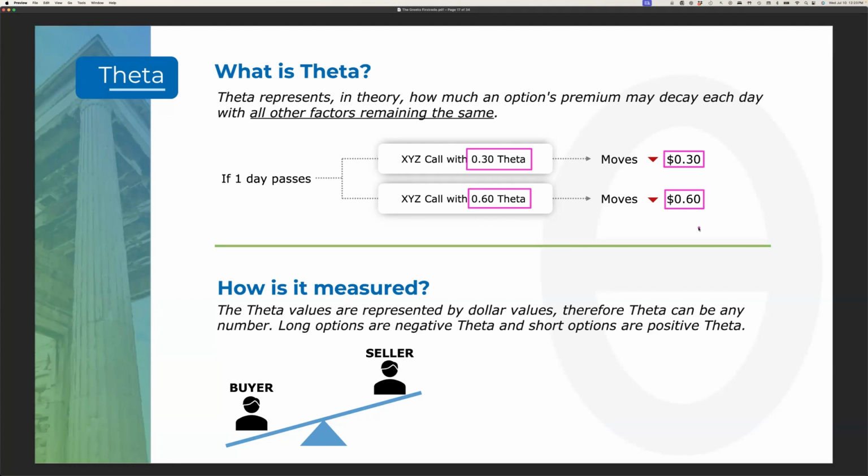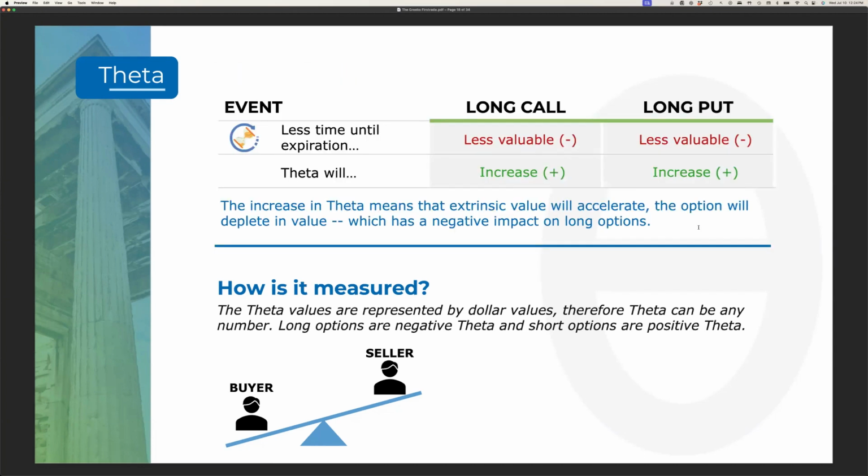So theta is always measured in dollar value. Whatever theta value you see on your options chain tells you in dollar terms how much the value of that option will decay for each day you hold on to that option.